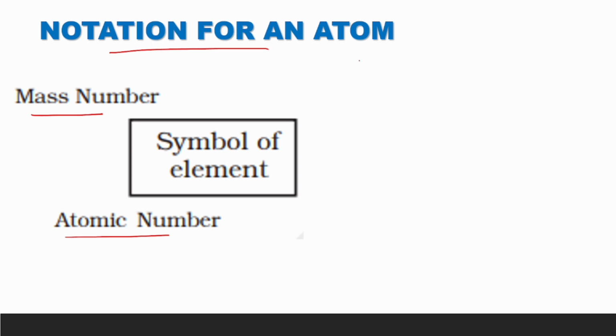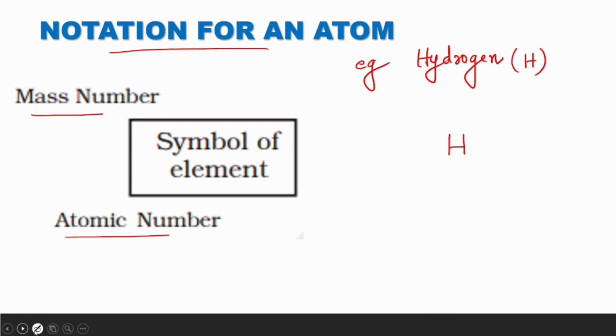For example, take the first element, hydrogen. What is the symbol of hydrogen? H, isn't it? So first we will write H here. Next, what is the mass number of hydrogen? Mass number is equal to proton plus neutron.